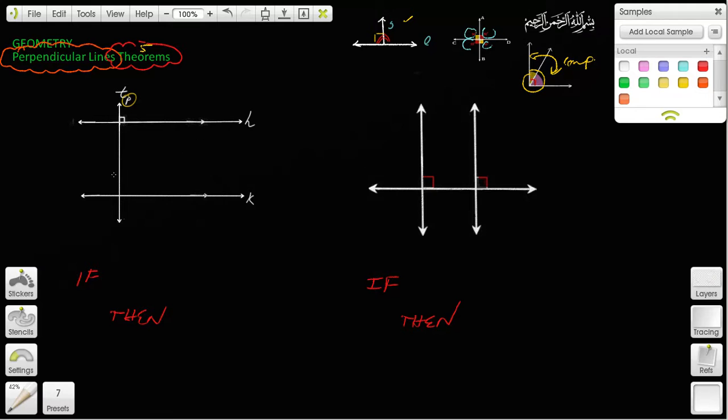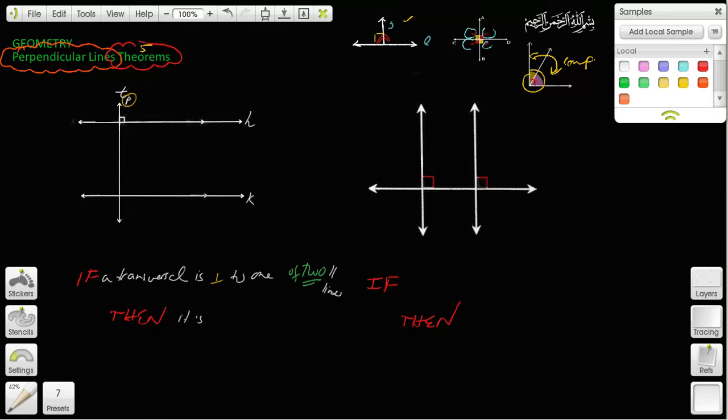This theorem says, and the emphasis here is on the P, the perpendicular transversal, that if a transversal is perpendicular to one of two parallel lines, so if it's perpendicular to this one, and these are parallel, then it is perpendicular to the other one. That's what it says.